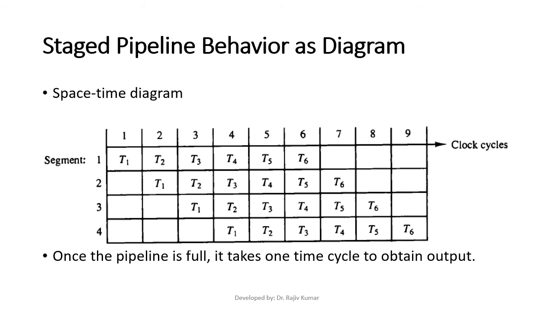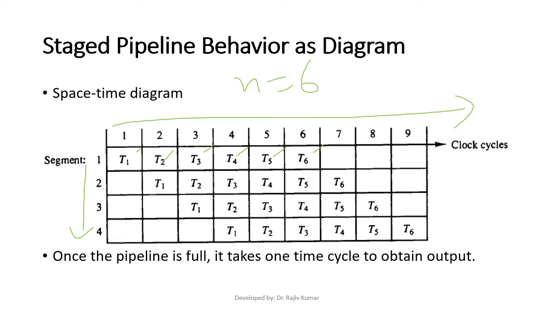Here we have taken the same four-stage pipeline, and we are given six tasks, identified as T1, T2, T3, T4, T5, T6. This is the timing cycle, and these are the number of stages or segments in our pipeline environment. Now let's see what happens here.